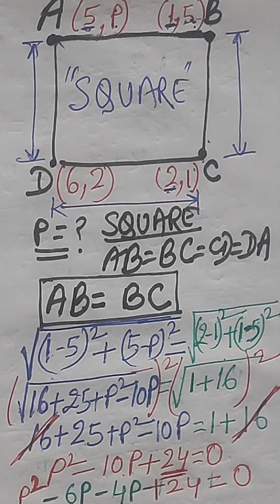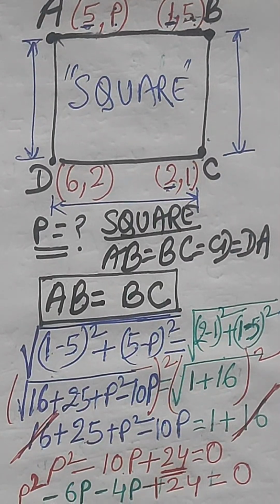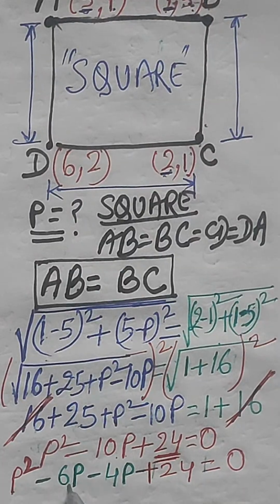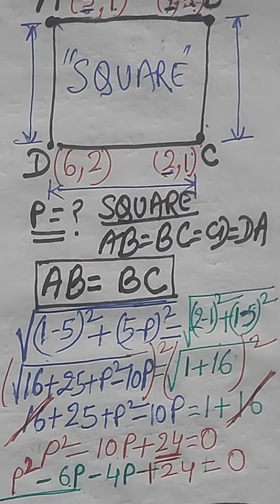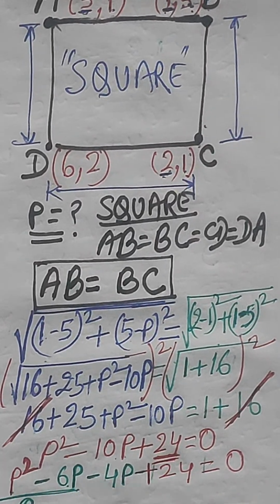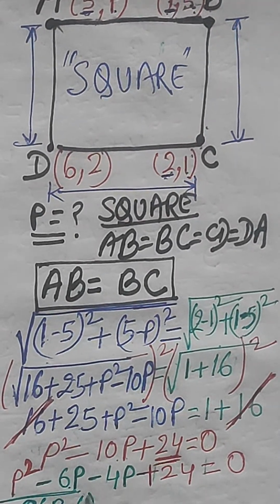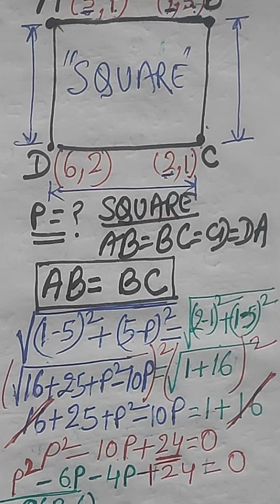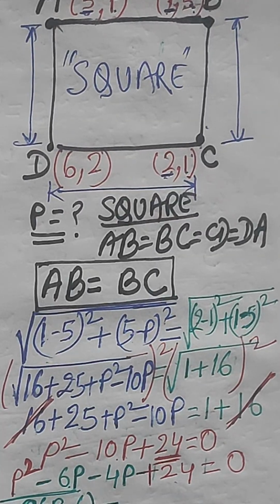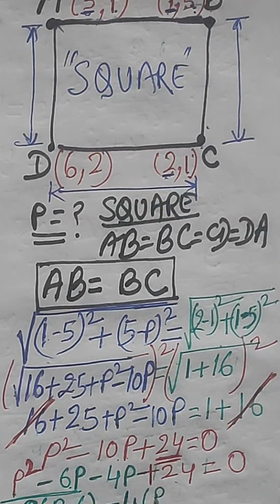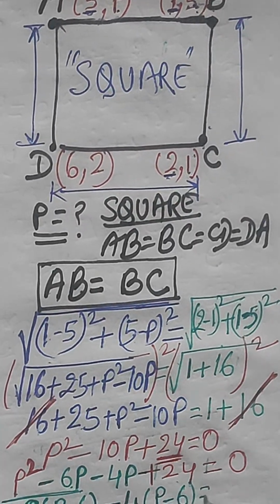So this will give you, when you take p common from the first two terms, p minus 6, right, and from the last two terms when you take minus 4 common, it will be p minus 6, right.